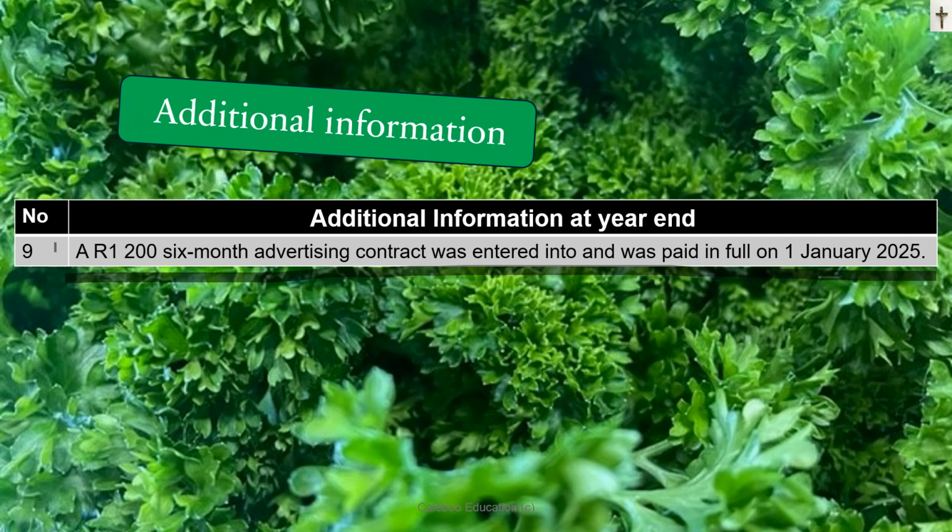A 1,200 6-month advertising contract was entered into and was paid for on the 1st of January. When is our year end? The 28th of February. So we've got a 6-month contract and 2 months should reflect in the advertising account, but at the moment 6 months reflect in the advertising account.